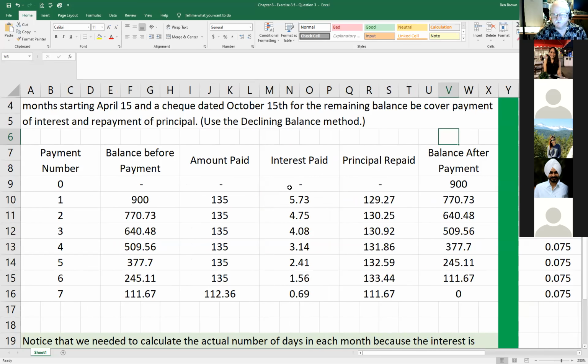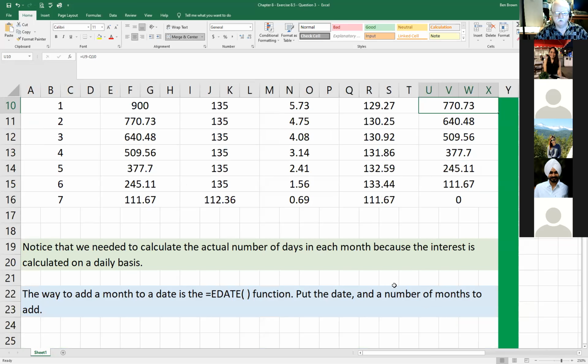But once we've figured all that out, once we basically figure out the first row of what has to happen, then we could just calculate it down. The last row, we had to do some work on. So here we got to the last row, and if they paid 135, there would have been an overpayment here.